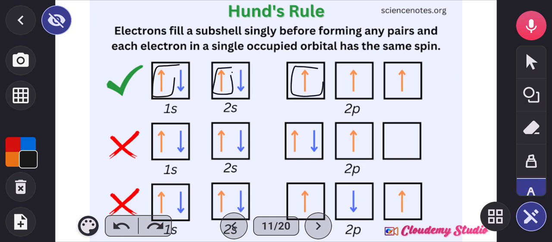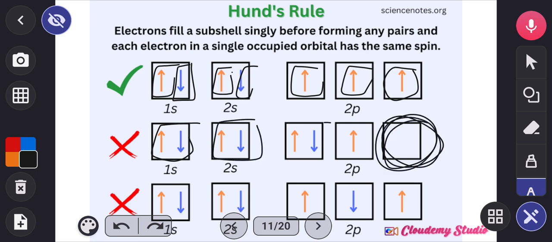Everything singly, right? Then 2 are left, then we start pairing. But it is wrong for you to start pairing before arranging singly. It is wrong when there is an empty orbital here. So you have to arrange singly first before you pair.